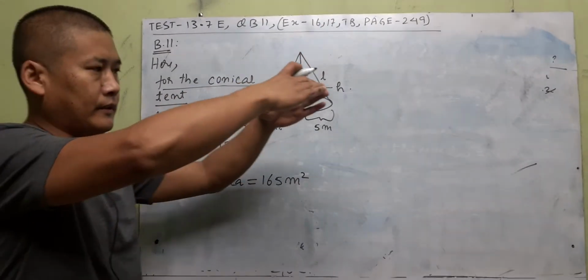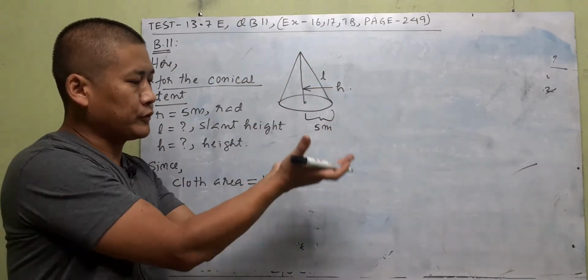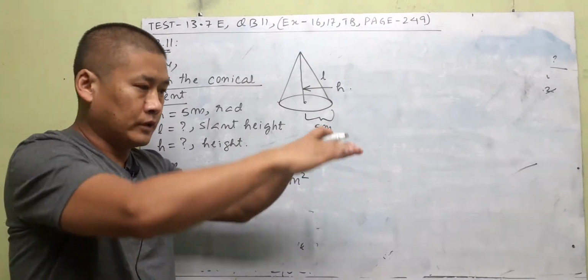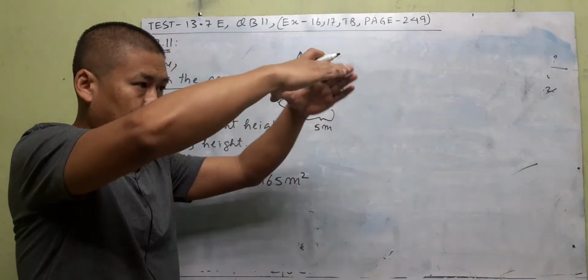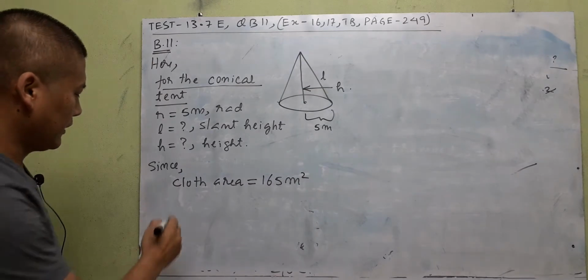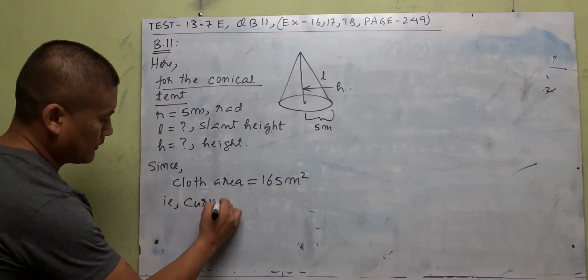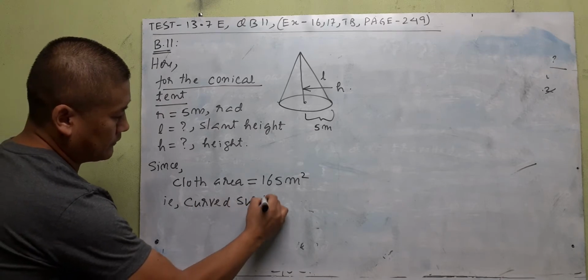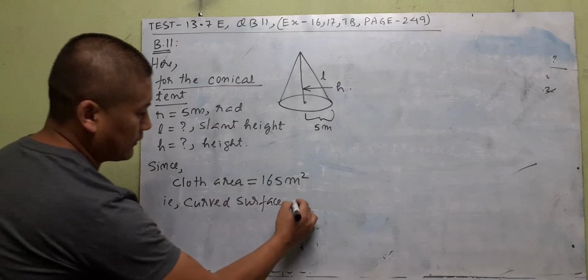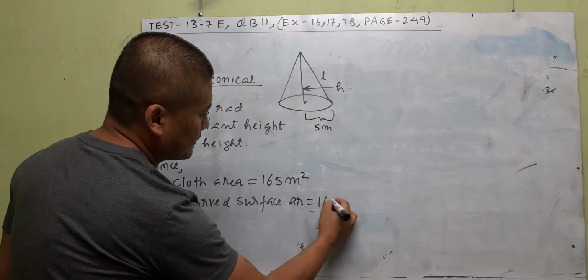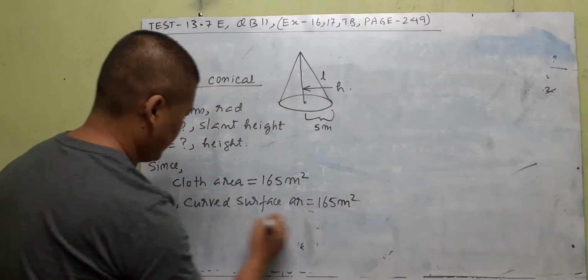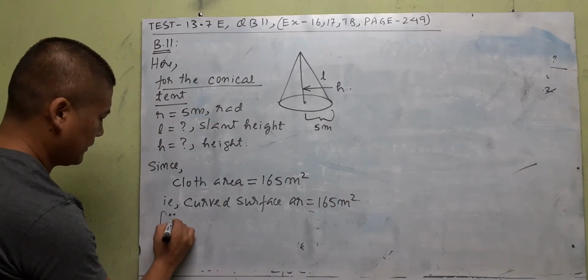Now when we make a tent on the ground, we never put on the floor, right? We just cover the curved surface. So the cloth area will be, in other words, the curved surface area, 165 meters square.